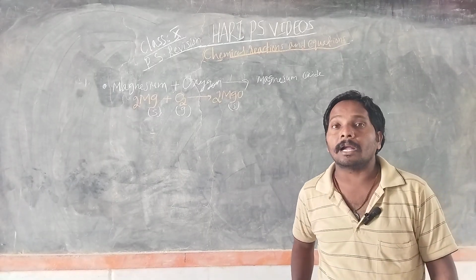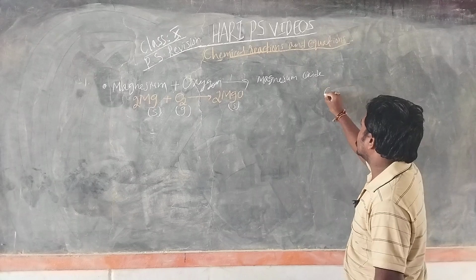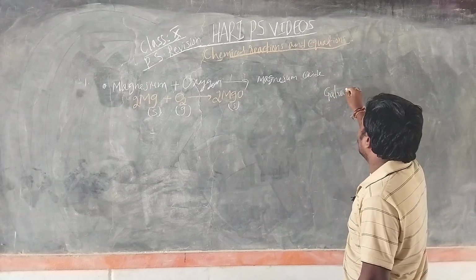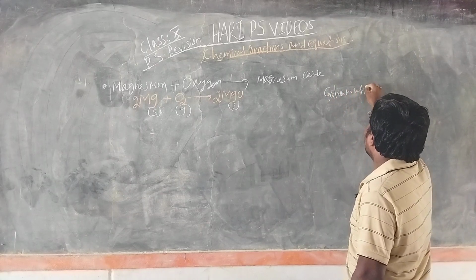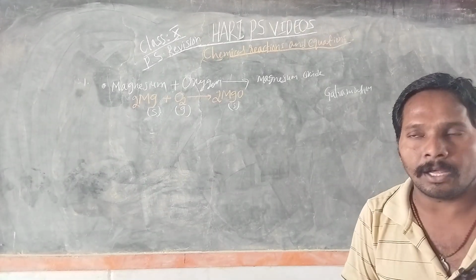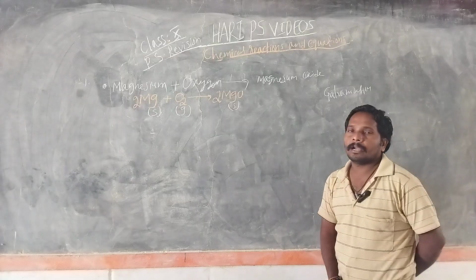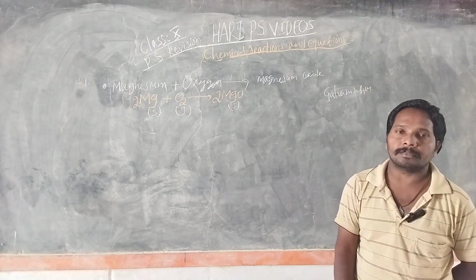One of the methods is galvanization. By galvanization also we can prevent corrosion. Galvanization is coating of zinc on iron objects.